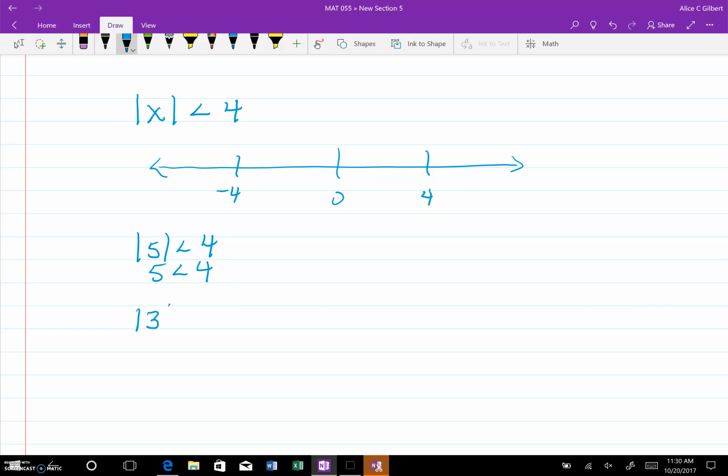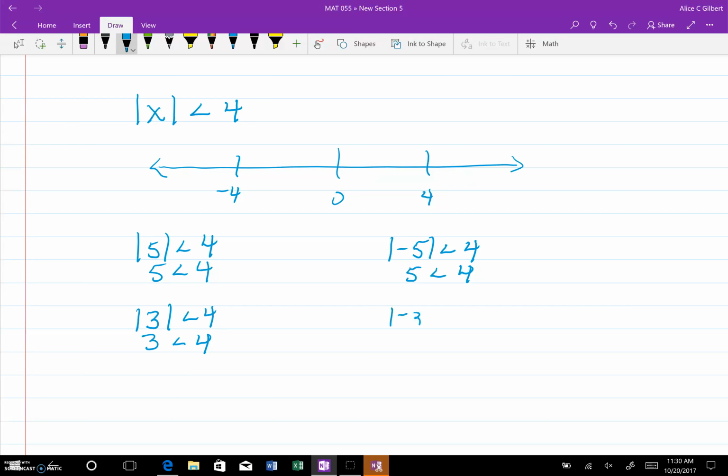Let's try 3. So the absolute value of 3 is 3. Is 3 less than 4? It is. Let's try the other way. What if we did the absolute value of -5? Well, the absolute value of -5 is 5. Is 5 less than 4? It is not.